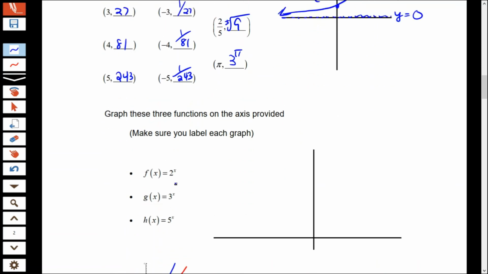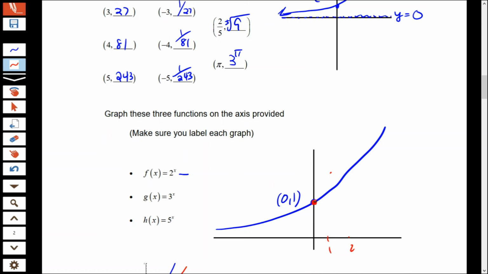So then what's the difference about 2 to the x, 3 to the x, and 5 to the x? Well, if 2 to the x looks like a nice graph like that going through 0, 1, how is 3 to the x going to be different? Well, it still goes through 0, 1, but as you move to the right, for example, at 1, instead of being at 2 units, it's going to be at 3. And at 2, instead of being at 4, it's going to be up at 9.